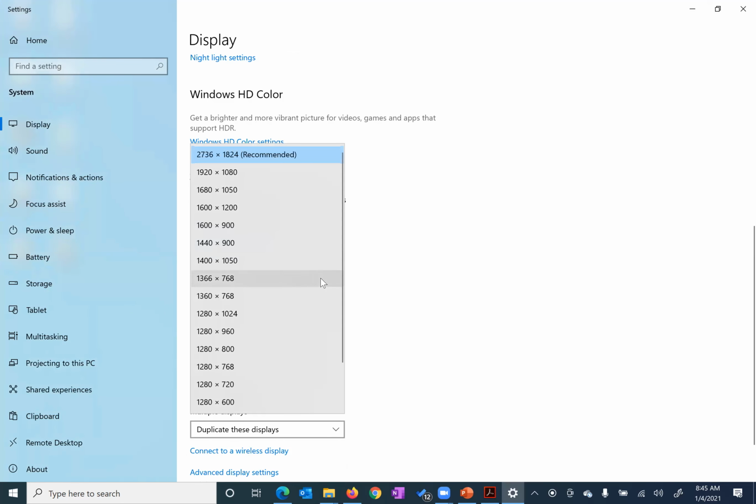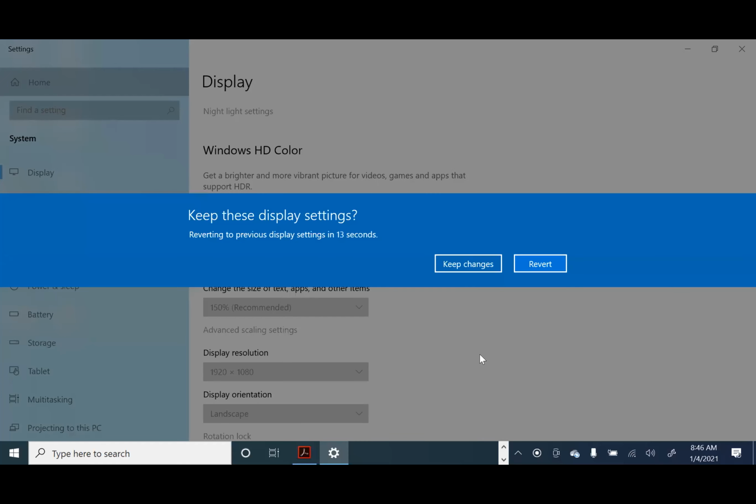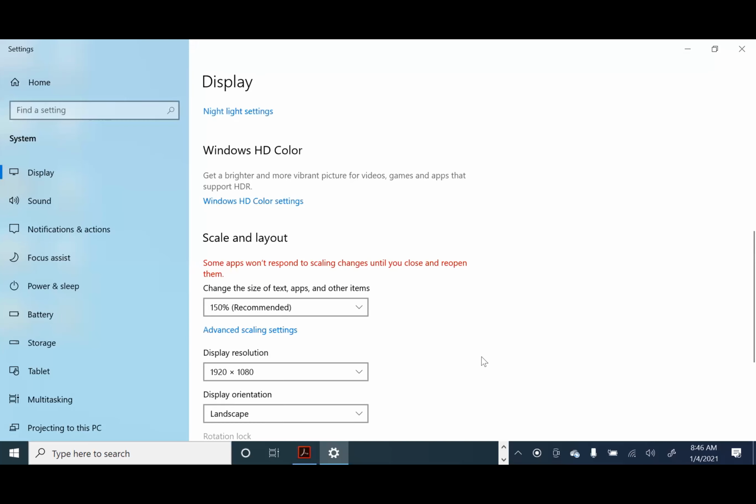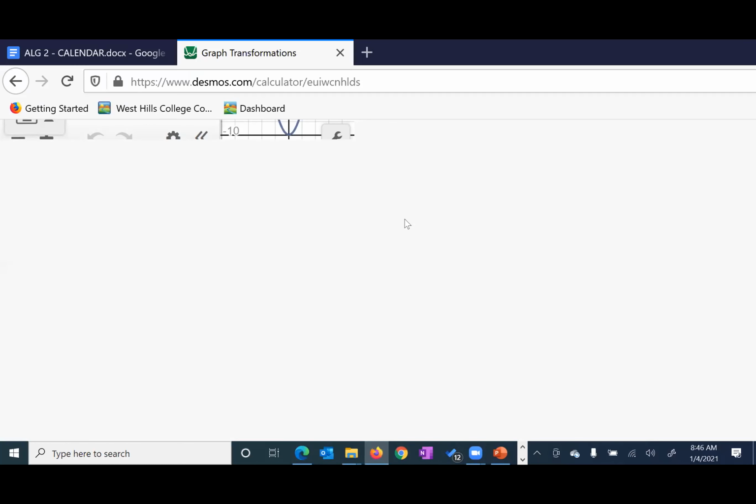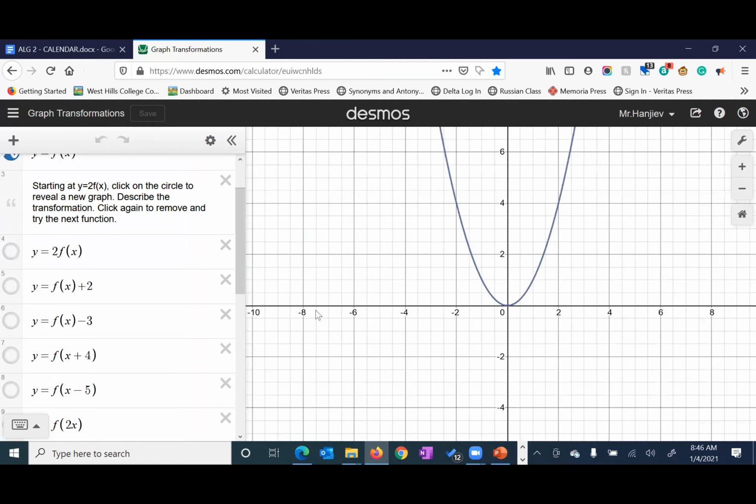So if I reduce this just a little bit, it should help us to see things a lot better. Okay, let's jump to our graph itself. Do we see a plus sign now? Yes. Are we good now? Okay, a lot better.